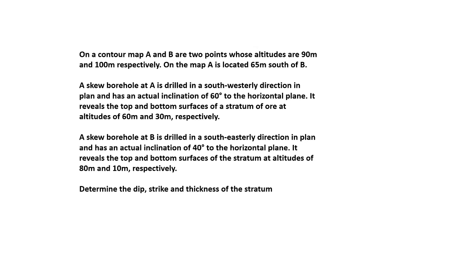It reveals the top and bottom surfaces of a stratum of ore at altitudes 60 meters and 30 meters respectively. Skew borehole at B is drilled in a southeasterly direction in plan and has an actual inclination of 40 degrees to the horizontal plane. It reveals the top and bottom surfaces of a stratum at altitudes of 80 meters and 10 meters respectively. Determine the dip, strike and thickness of the stratum.